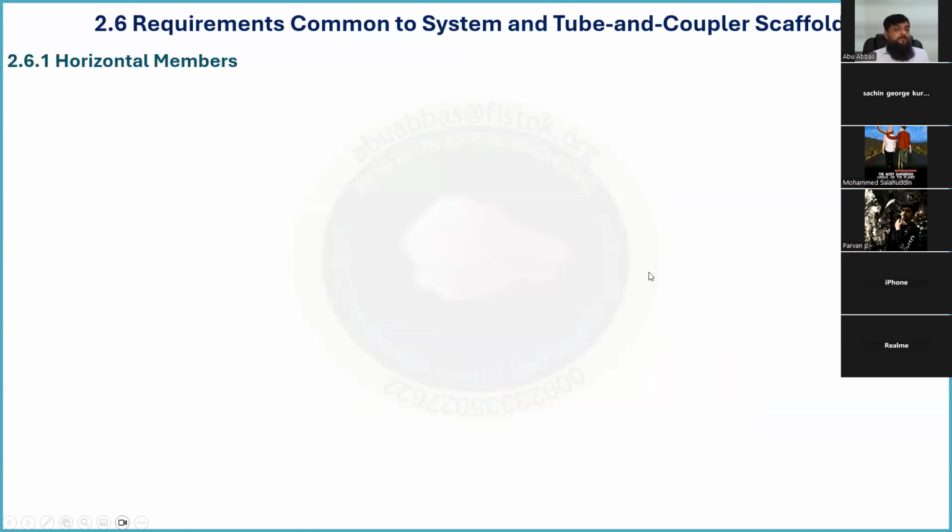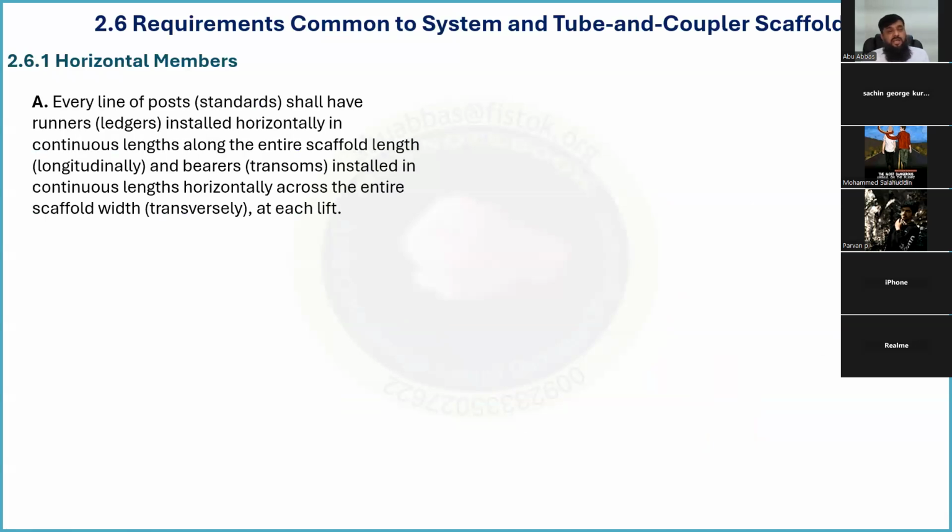Okay, 2.6. Horizontal members. Every line of post standard shall have a runner ledger installed horizontally in continual length along the entire scaffold length longitudinally, and facade and barrier transom installed in a continuous length horizontally across the entire scaffold width transversely at each lift.